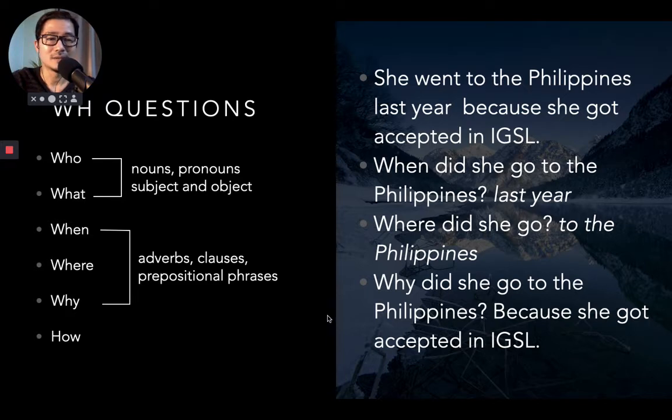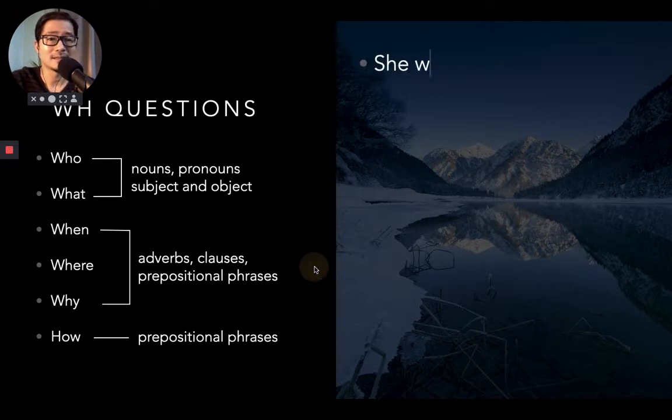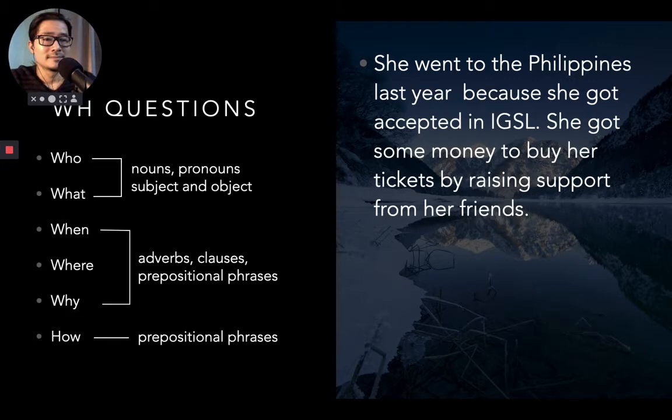Now let's go to how. Okay, now for how, we use prepositional phrases, especially by. It usually begins with by. Let's look at this example. We want to add some additional information to the same sentence. She went to the Philippines last year because she got accepted in IGSL. Now, she got some money to buy her tickets by raising support from her friends.